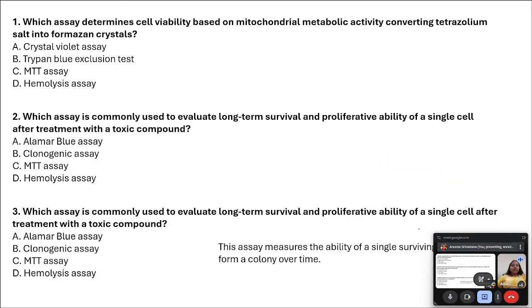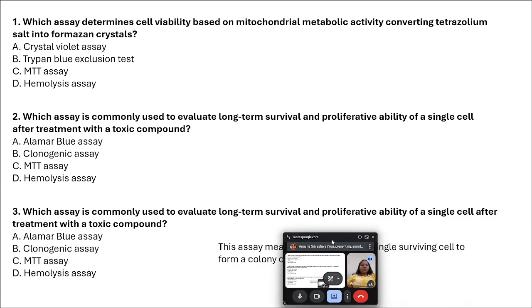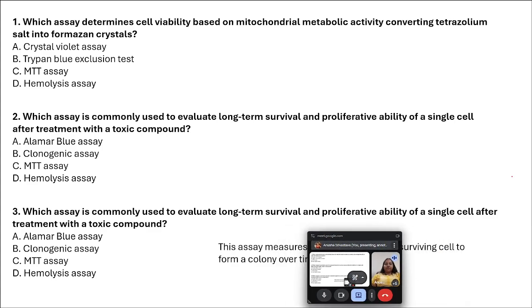Now try attempting these questions. I think I have written an answer for one. Maybe I have not put animation on it, but let's try attempting these questions. I would really appreciate it if you guys try attempting it. I will wait for a minute or two, maybe.